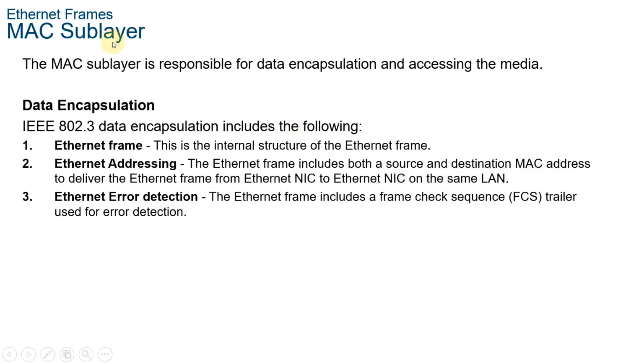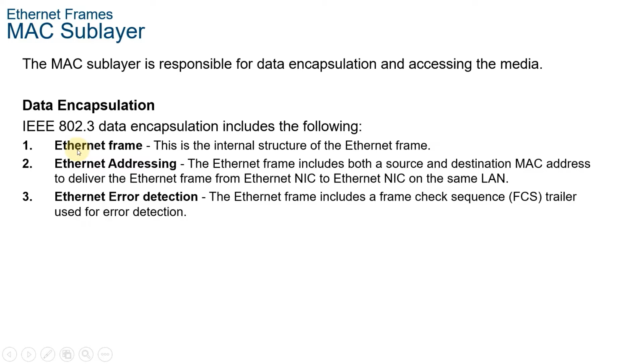Now let's talk about the MAC sublayer. The MAC sublayer is responsible for data encapsulation and accessing the media. IEEE 802.3 data encapsulation includes the Ethernet frame, Ethernet addressing, and Ethernet error detection.